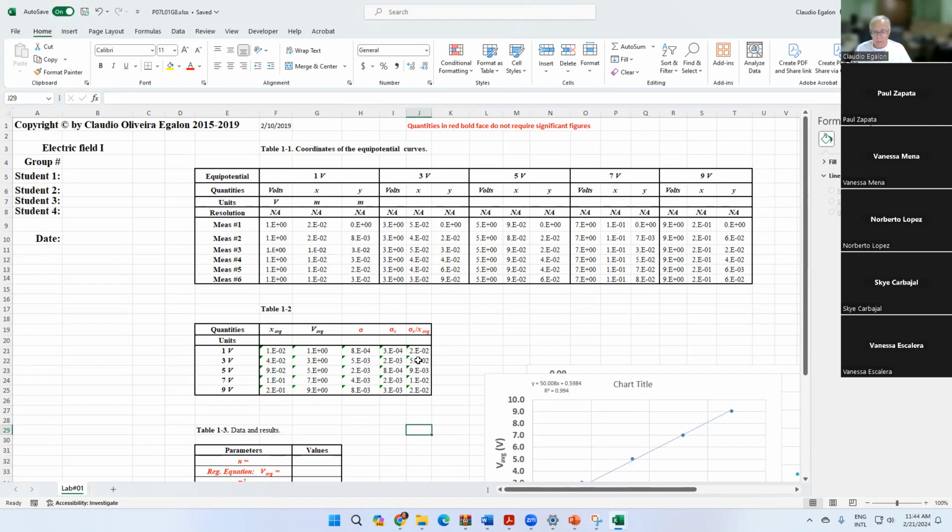The standard deviation of the mean is just 2% of the average, on the order of 1%, 2%, 5%, less than 1% and 2%, very low. When you have those low values, on the order of less than 5%, it means that you have very good data.